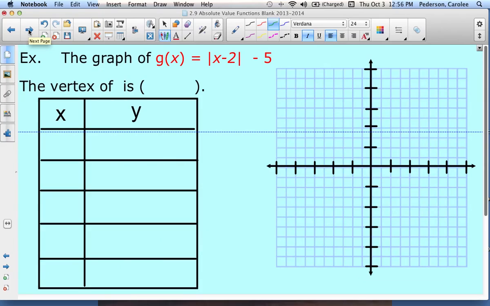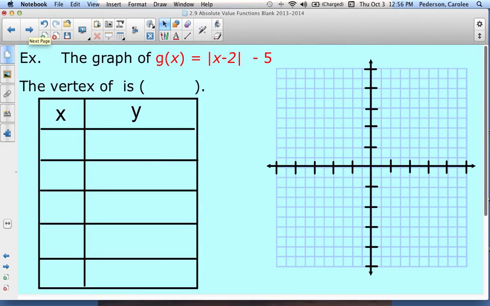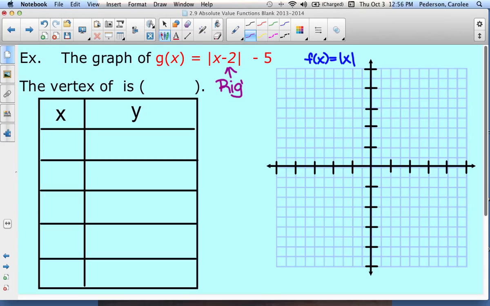This next example has transformations again. Remember, our parent function is f of x equals the absolute value of x. Now let's find out what happens. So let's look inside the function first. That's a -2, and there we have to think opposite. You would want to think -2 means go to the left, but no, it's right 2.